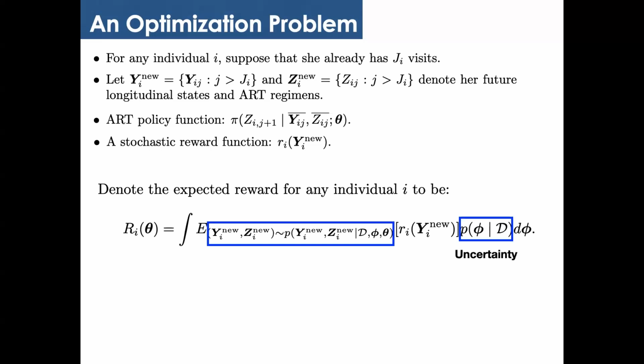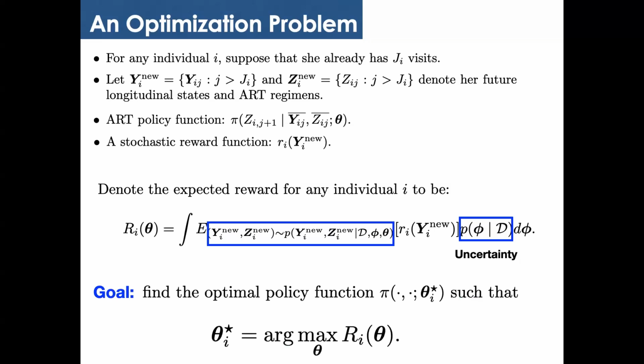Remember phi is the dynamics parameter. That's the advantage of Bayesian methods here, because from the dynamics model we learn the uncertainty and then we incorporate this uncertainty in the policy optimization. And the goal is we want to find a theta, a parameter in the policy function, that can maximize the expected reward. So that's basically our optimization problem.